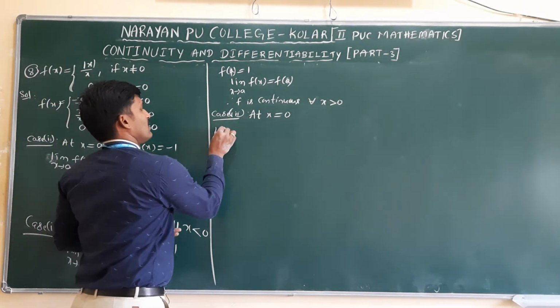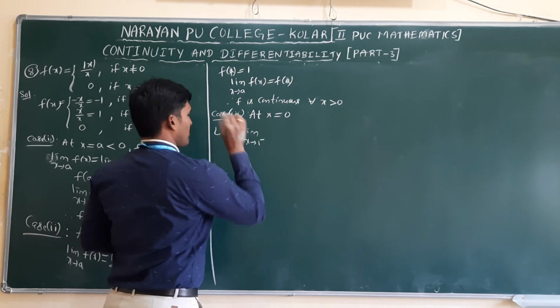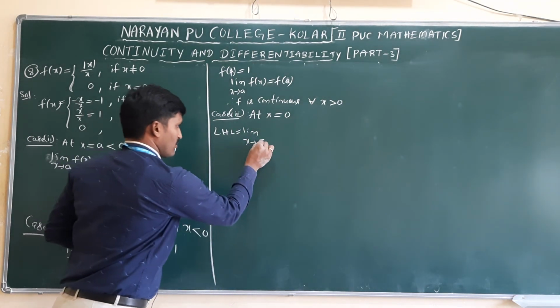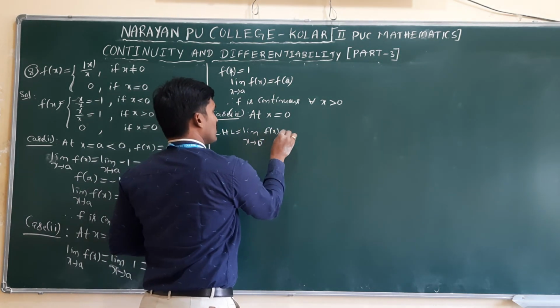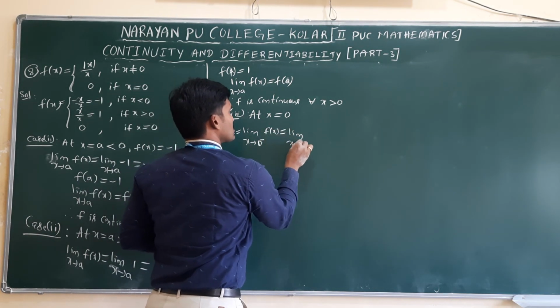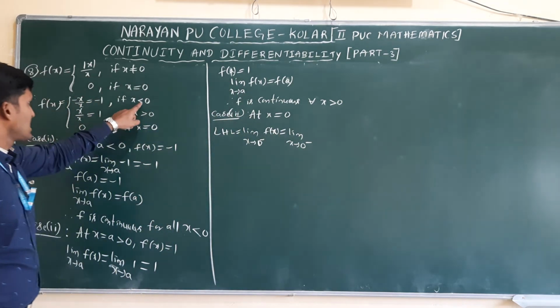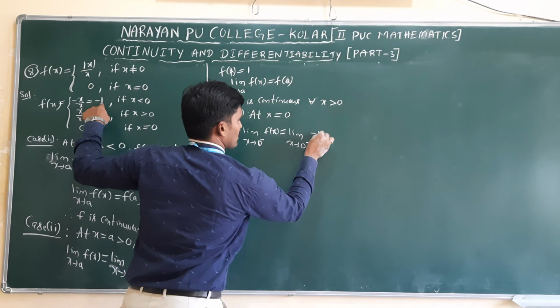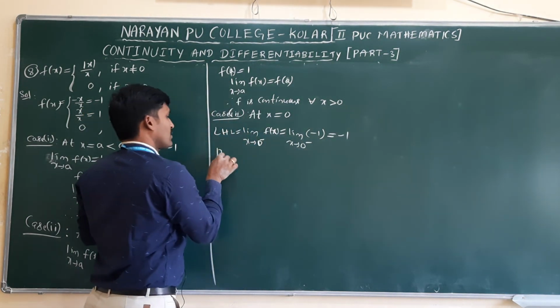Okay. LHL equals limit as x tends to 0 minus, this minus symbol represents 0 minus, of f of x. 0 minus means x is less than 0. What is the function? Minus 1. We can't substitute the x value here, that's why it is minus 1 only.